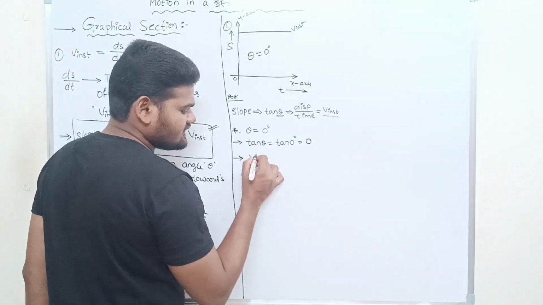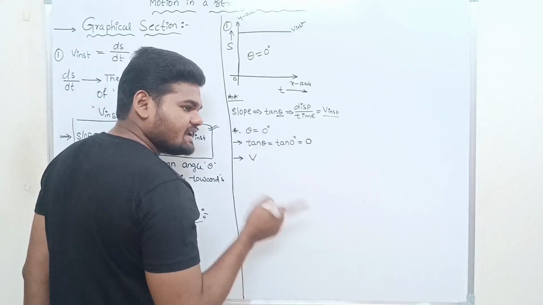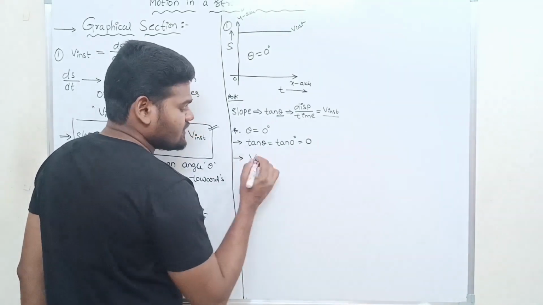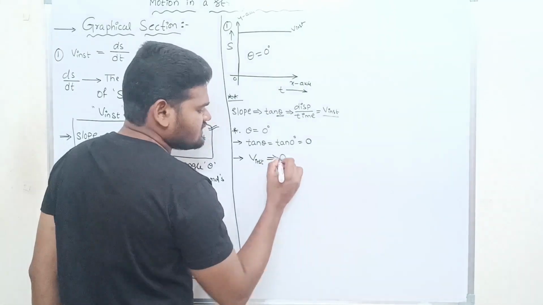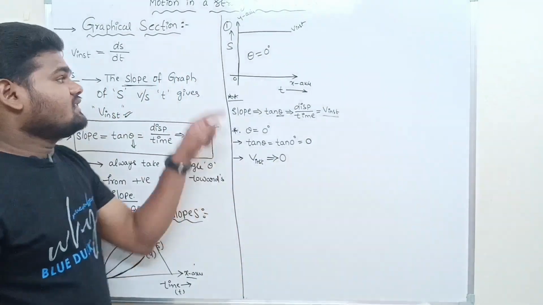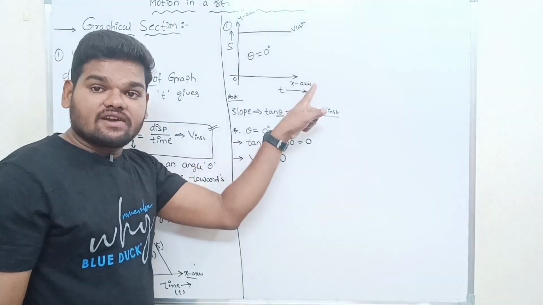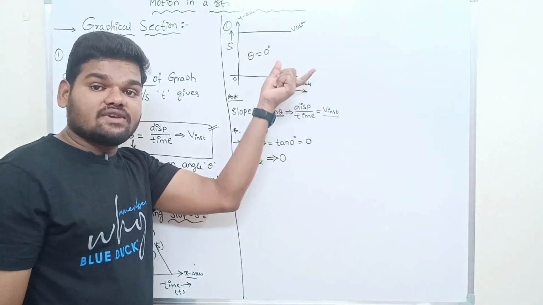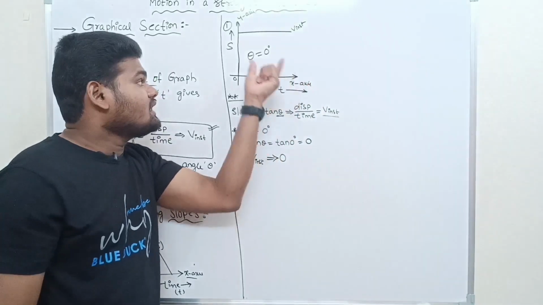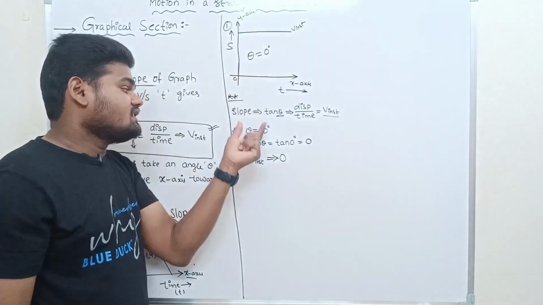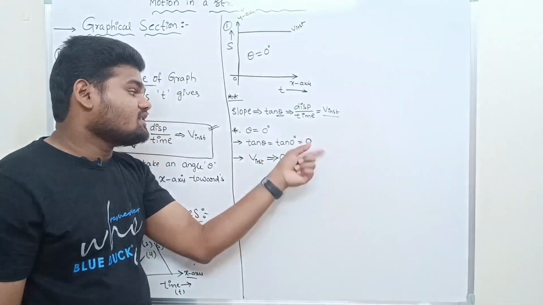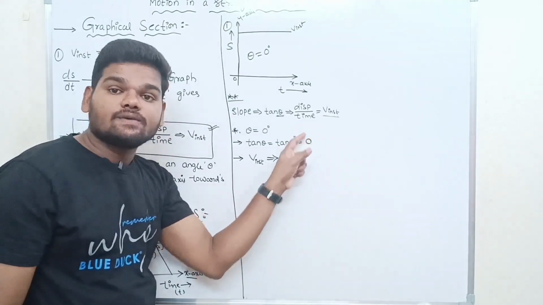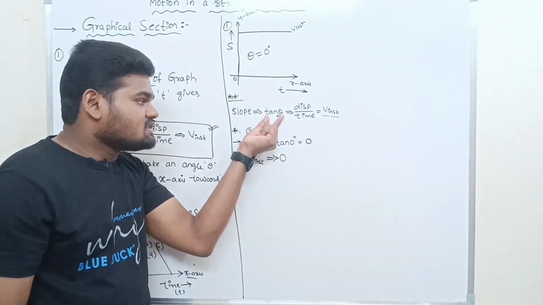If tan theta is equal to 0, then 0 is equal to what? Instantaneous velocity. Therefore, instantaneous velocity is equal to how much? 0. Are you getting? This slope is parallel to the positive x-axis and the angle between them is how much? 0 degrees. If theta is equal to 0, then tan theta is equal to 0. If tan theta is equal to 0, it gives a value 0.